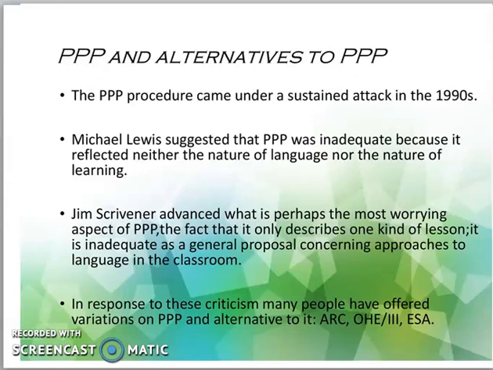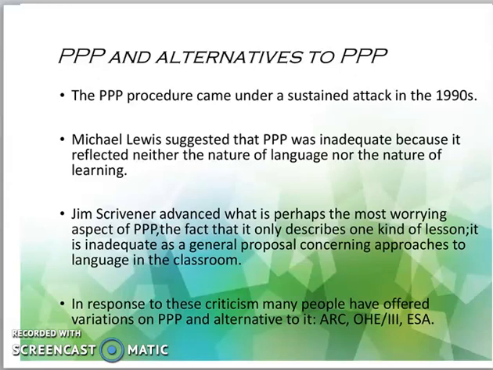Jim Scrivener advanced what is perhaps the most worrying aspect of PPP, the fact that it only describes one kind of lesson. It is inadequate as a general proposal concerning approaches to language in the classroom. In response to this criticism, many people have offered variations on PPP and alternatives to it.